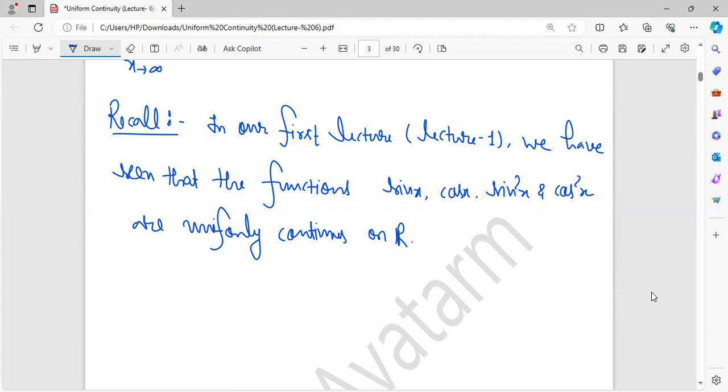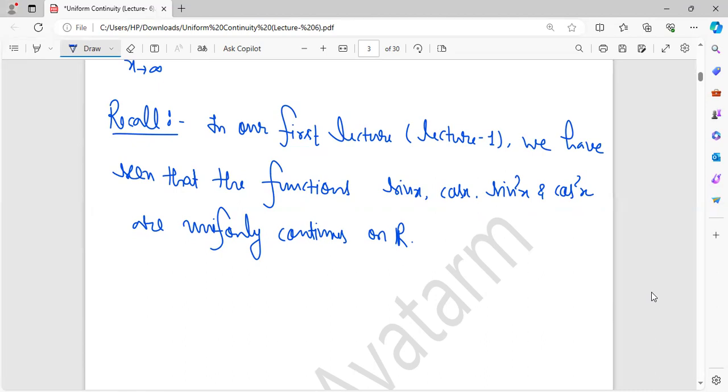We saw that these functions are Lipschitz functions, and we proved in the first lecture that Lipschitz functions are uniformly continuous. So sin x, cos x, sin square x and cos square x, being Lipschitz, are uniformly continuous.